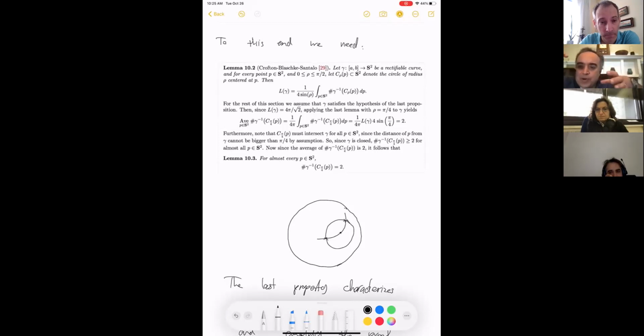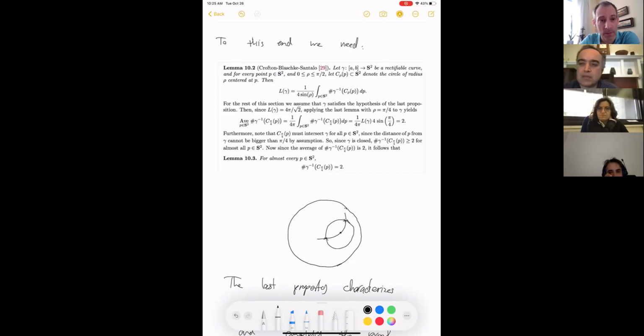The length is 4 pi, and I project it into the unit sphere, so then the length becomes 4 pi divided by radical 2. But that length is related to the number of times that these circles intersect my curve. So Blaschke-Santalo, together with the length, which I know exactly, gives me the second lemma. And the second lemma characterizes the baseball curve.